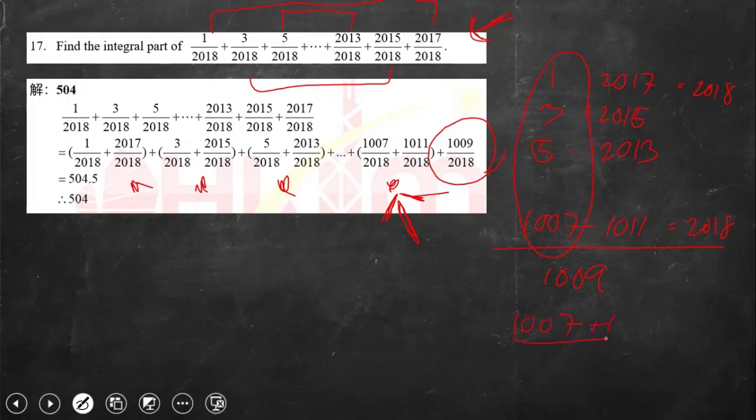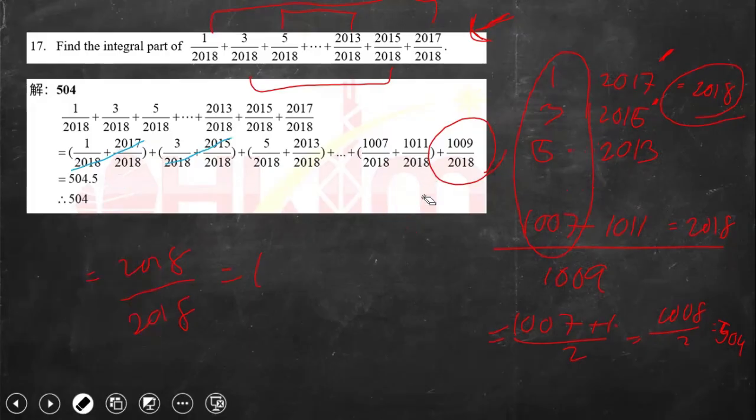Add 1, then divide it by 2. That's going to be 1008 over 2, which is 504. So we paired the numerators so that they add up to 2018. And when the numerators add up to 2018, and the denominator is also 2018, it equals 1, right? So this value is equal to 1, this value is equal to 1.